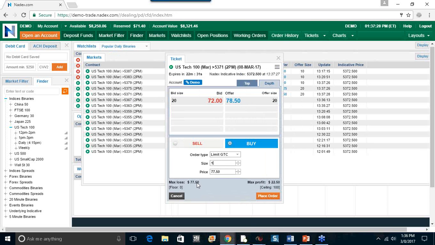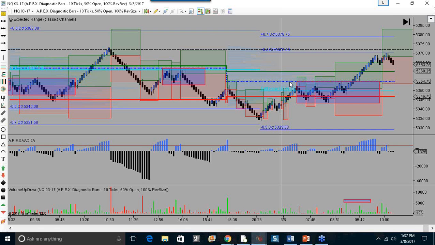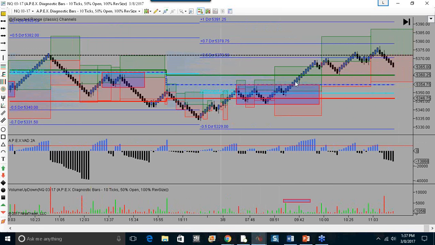So I'd be putting up $77.50 as max loss, if I held to expiration, with a profit potential of $22.50. But I've only got 22 minutes till it expires. So if I'm only giving myself 22 minutes, I'm not necessarily going to be taking advantage of the possible bigger move, correct? Everybody agree with that?